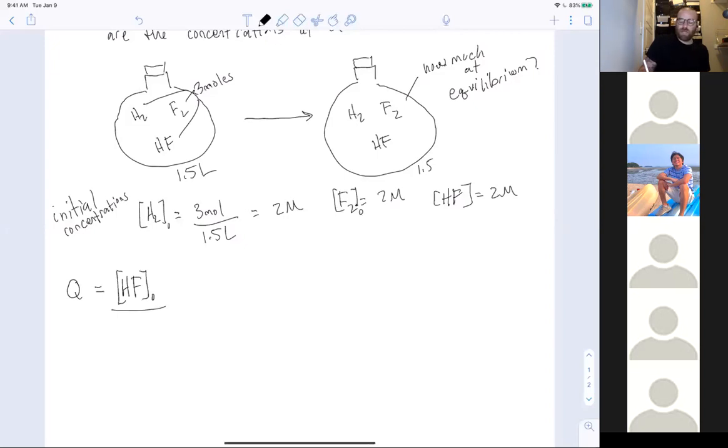These are the initial concentrations, with zero meaning t equals 0, at the beginning of the reaction. So Q here is going to be equal to the initial concentration of HF squared, over the initial concentration of H2 times the initial concentration of fluorine gas. And that's my expression for Q.